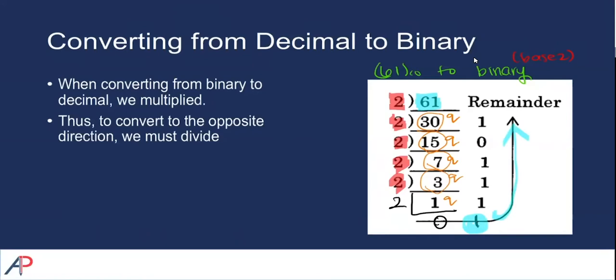So the binary number you would have gotten is 1, 1, 1, 1, 0, 1. This is our binary number. 61 is 111101. Let's verify that this is our correct answer by converting 111101 back into a decimal number.